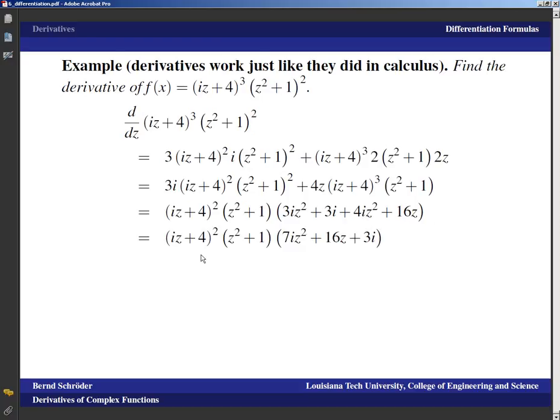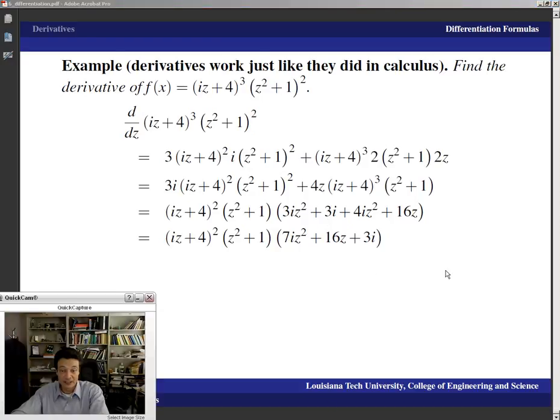And then we just add that up here. The (iz plus 4) squared and the (z squared plus 1) stay the same. The 3iz squared plus 4iz squared gives us 7iz squared. We keep a 16z and a 3i. And that's it already.